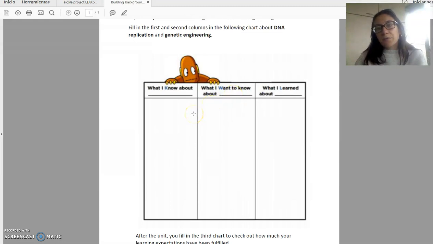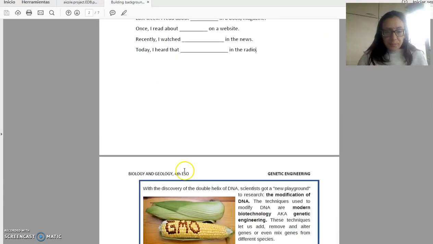They will have to do this in the first lesson, and then at the end, in activity 7, they will have to fill in what I learned about genetic engineering, or if anything about DNA replication has been clarified. Okay.